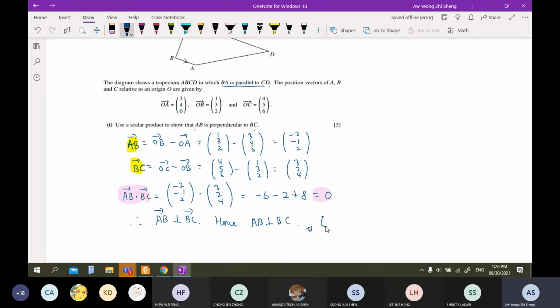Okay, done. You need the right conclusion. When dot product is 0, that means the two vectors are perpendicular, and hence the line segments involving each of the two vectors they are also perpendicular.